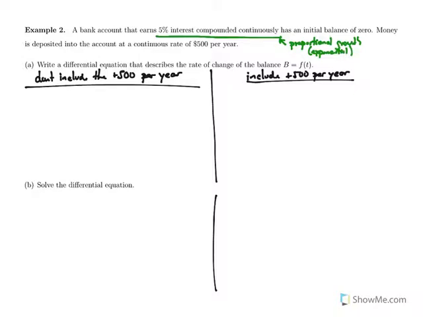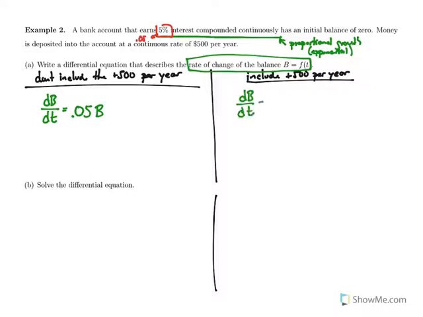We can write that part as the derivative of B, the rate of change of the balance B, equals 0.05 times B. Note that the 5% interest, we write as 0.05 using the decimal form for that percentage. If we don't include the plus $500 per year, that's all we have for that differential equation.